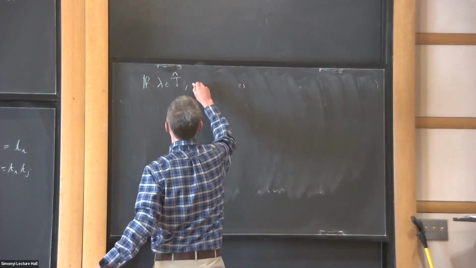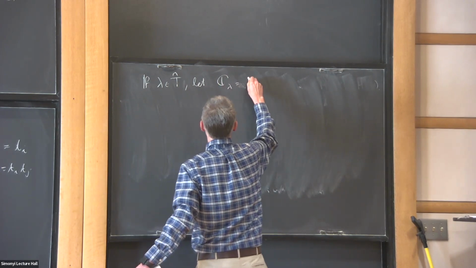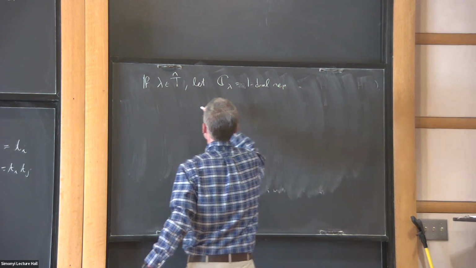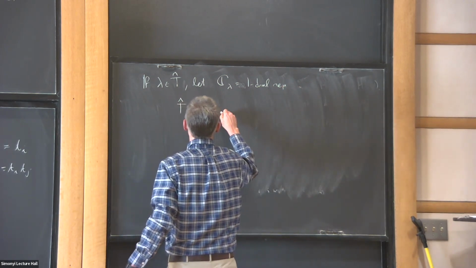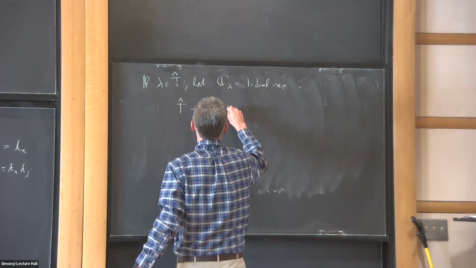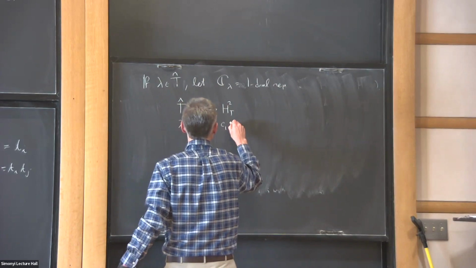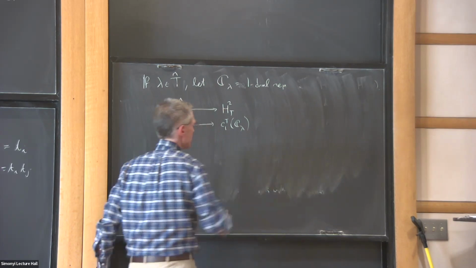Let C_lambda be the corresponding one-dimensional representation. And so we have a map from T hat to H^2 of T, taking lambda to c_1^T of C_lambda, that one-dimensional representation.